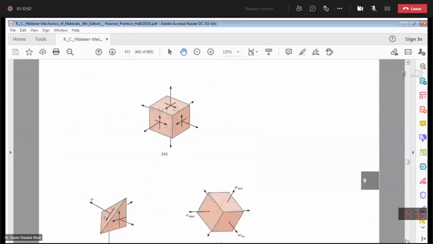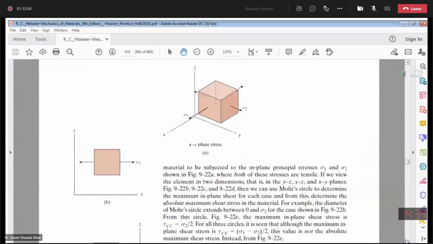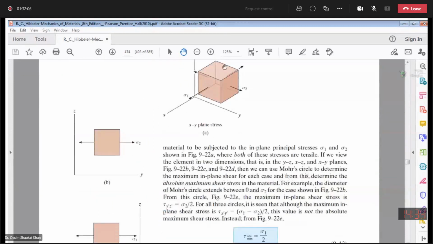In case of plane stress, you have the x and y plane, two normal stresses and one shear stress, so you will have two principal stresses, sigma 1 and sigma 2. In this given condition, both were positive, both were tensile in nature.